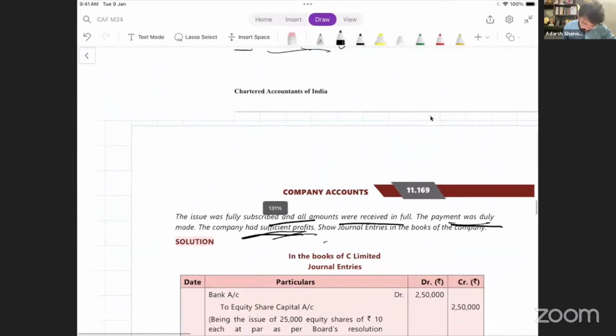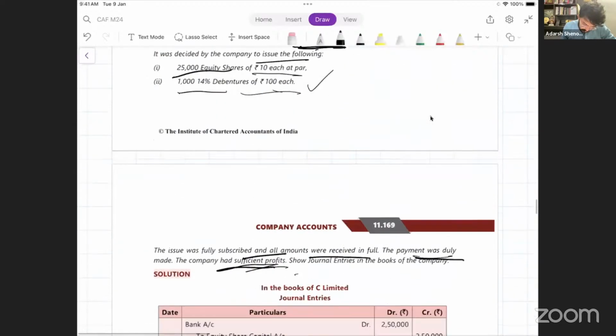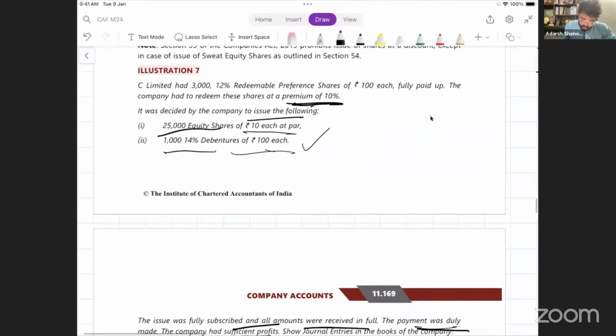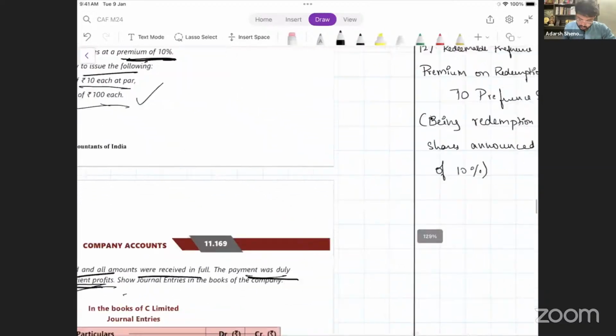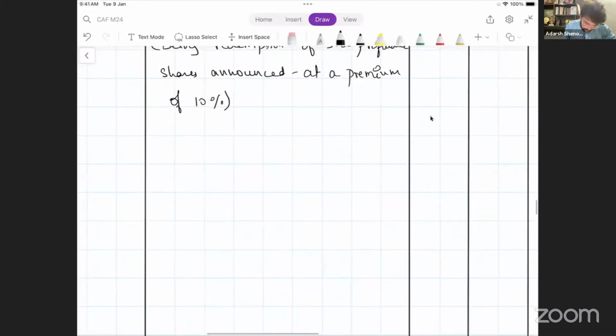Next, we will have to look at how they have satisfied the section 55 conditions. Okay, they have issued the equity shares. Let me pass the entry for the equity shares. Bank account debit, 25,000 equity shares at rupees 10.